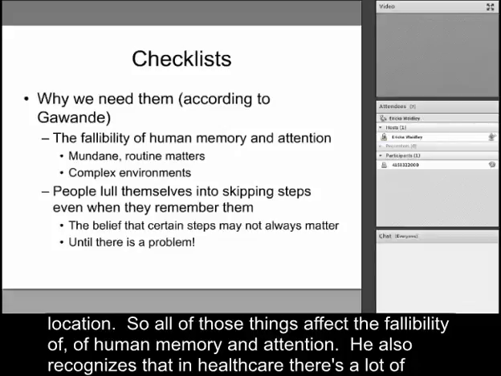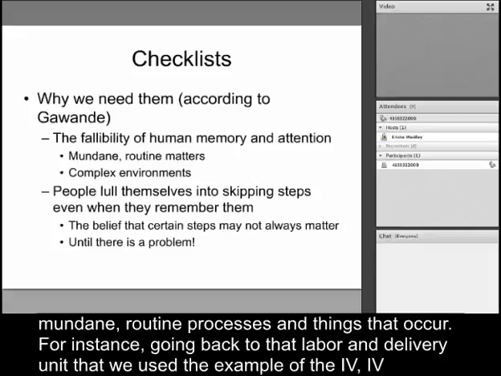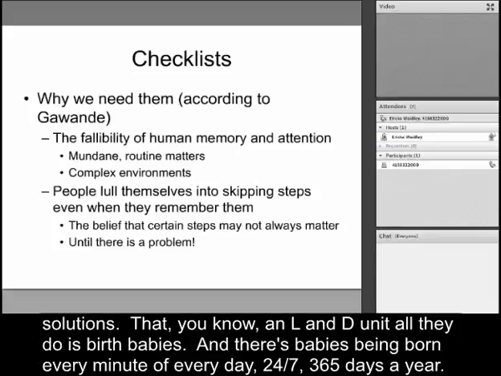He also recognizes that in healthcare, there's a lot of mundane, routine processes and things that occur. For instance, going back to that labor and delivery unit that we used as the example of the IV solutions, an L&D unit, all they do is birth babies, and there's babies being born every minute of every day, 24/7, 365 days a year.